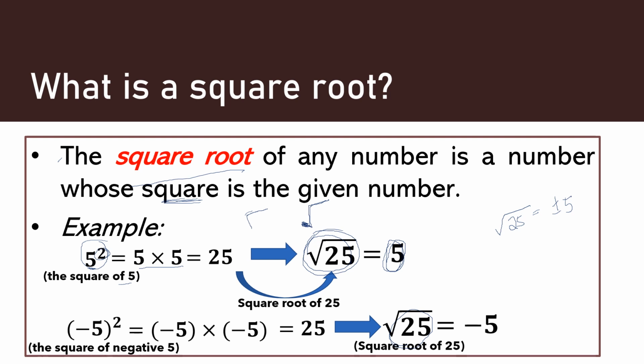But most of the time we consider only the positive root. Take note that we also consider the negative equivalent, or negative additive inverse, of the positive root. So that's it. Let's continue.